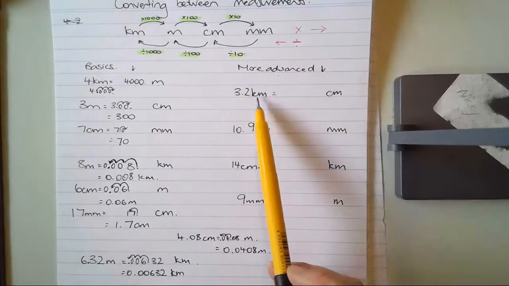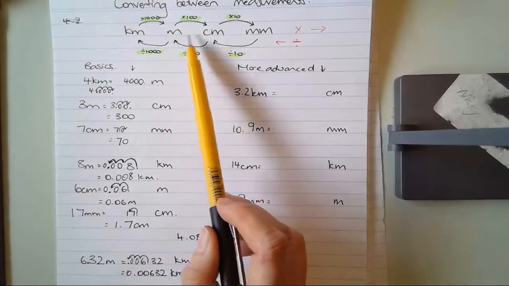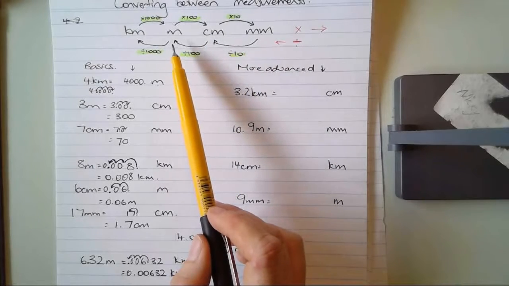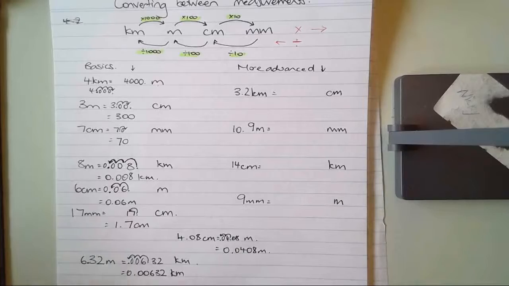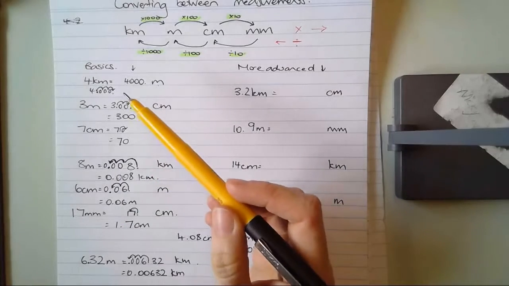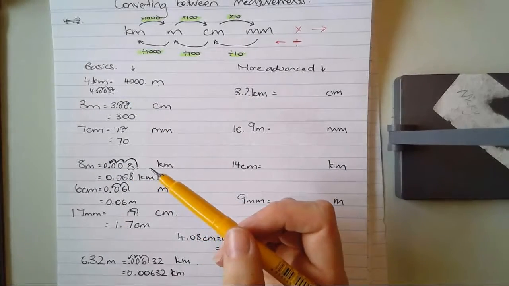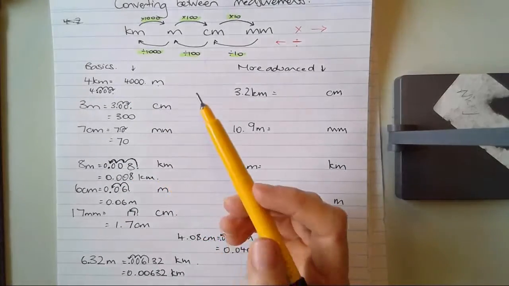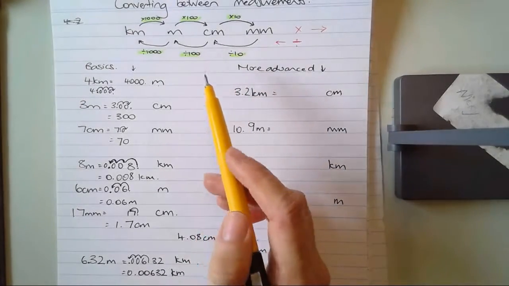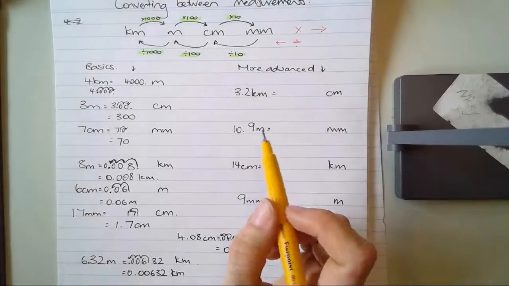So say for example I'm going from kilometers to centimeters, or from millimeters to meters, and back and forth. The same principles still apply as the ones that I showed you in that video. You are moving your decimal place the same amount of zeros that are in the timesing or dividing. So let's go through a couple of examples.